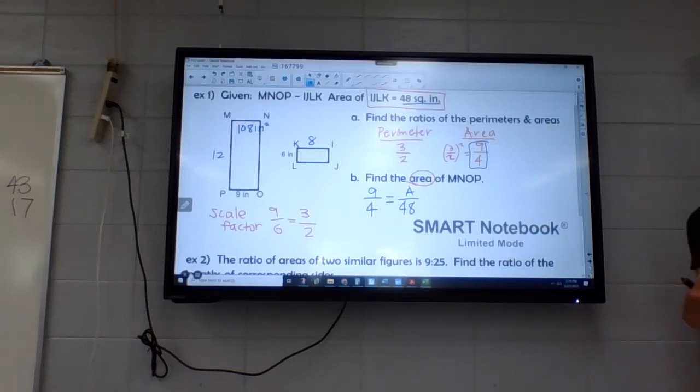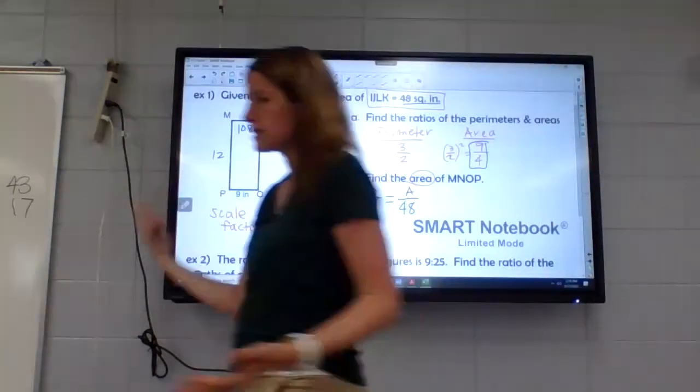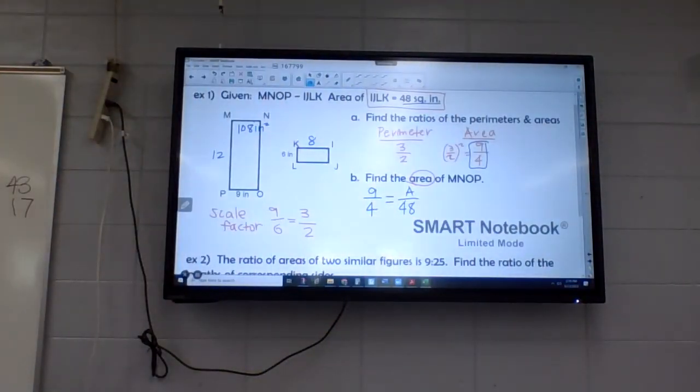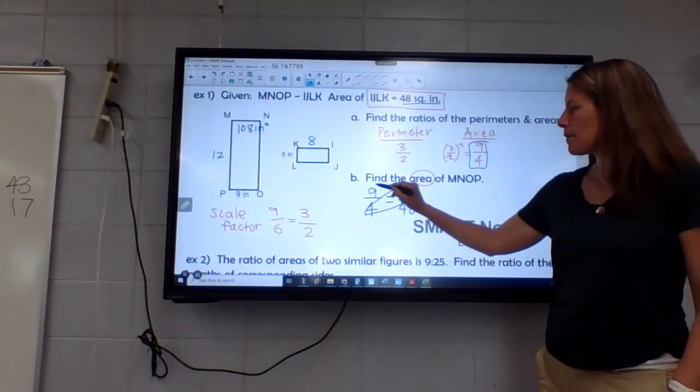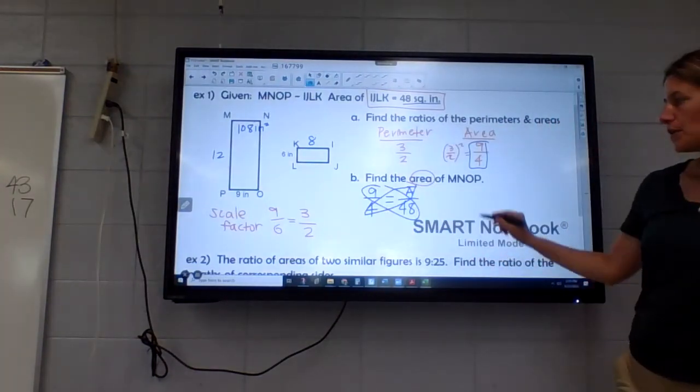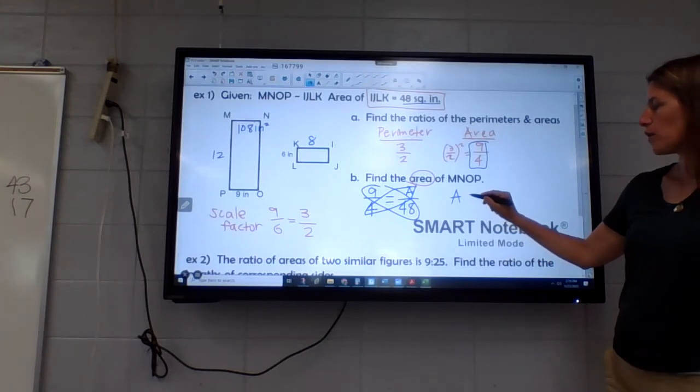So that works just fine. It's doing a lot of math there, but maybe this is a little more straightforward, but maybe you wouldn't have enough information to figure that out if they didn't tell you all that stuff. So it depends, but either way, we could cross multiply, set equal, and then we'd still get the area is 108.